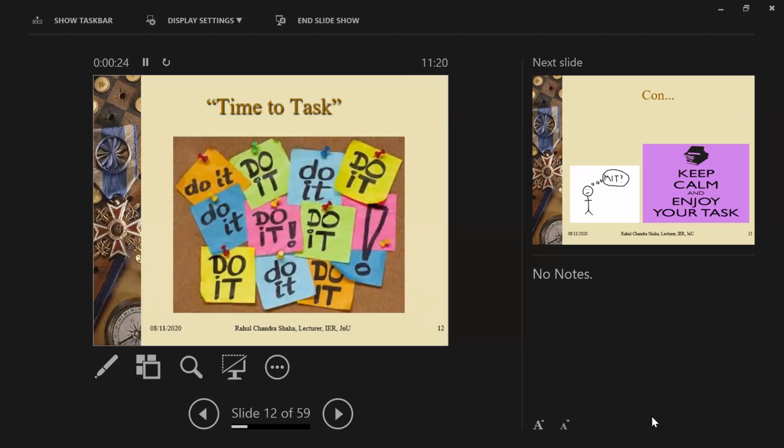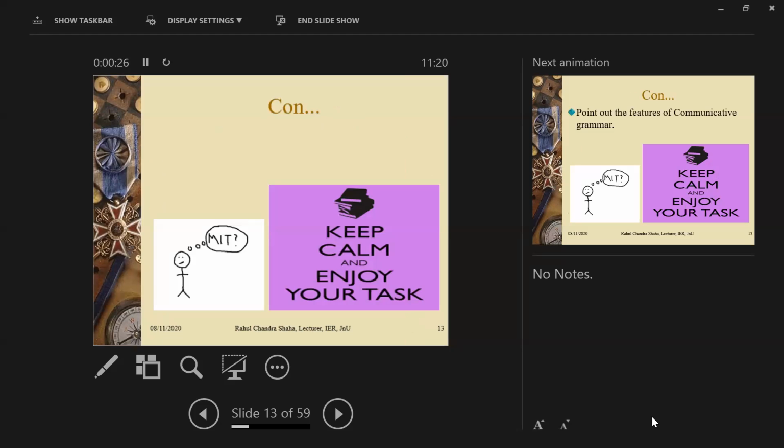So now we have some tasks to perform yourself. The first one is to point out the features of communicative grammar, what I have discussed in my last classes and what I have summarized in today's class. So I would like to invite all of you to point out some features regarding the communicative grammar. At least one feature should be pointed out by you. I give all of you 1 minute.